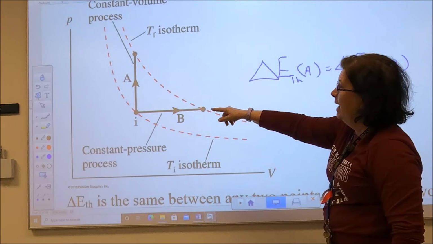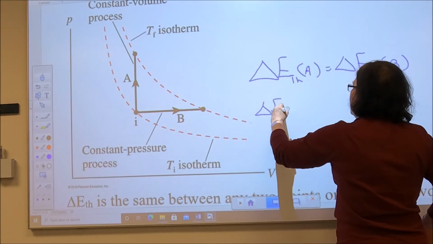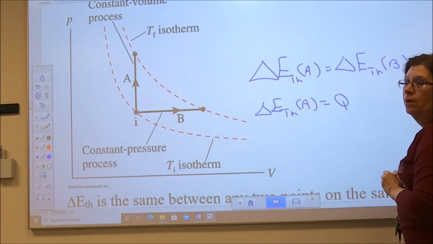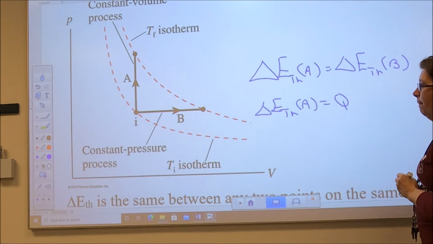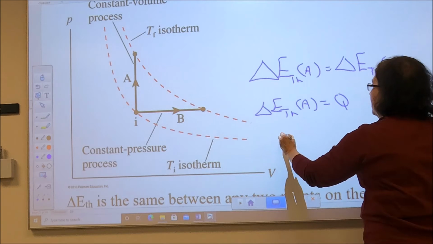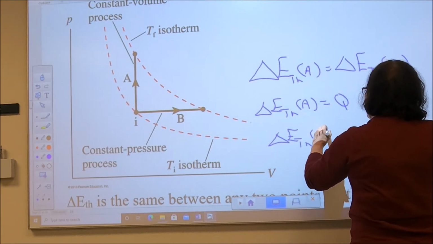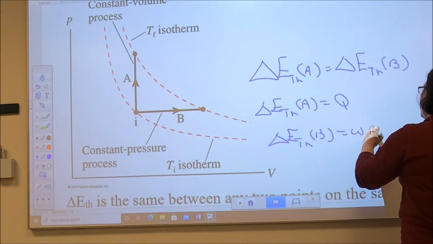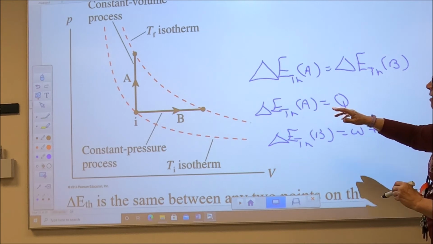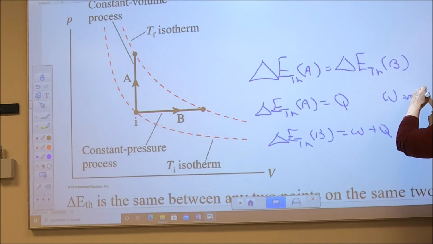I know in A, no work is done, so change in thermal energy for A is just equal to Q. Not the same for B. Change in thermal energy for B is actually equal to W plus Q. Here, remember, in A, work external equals 0.